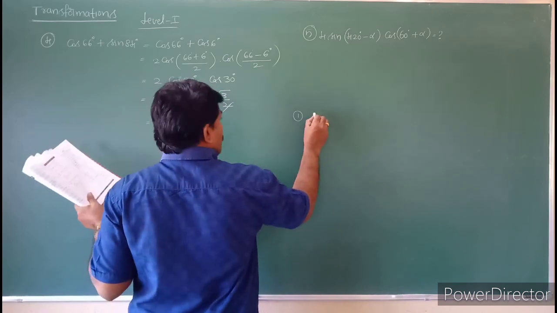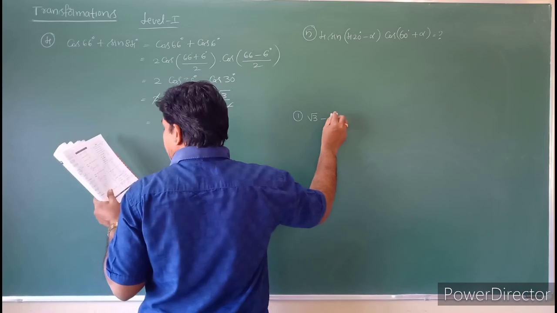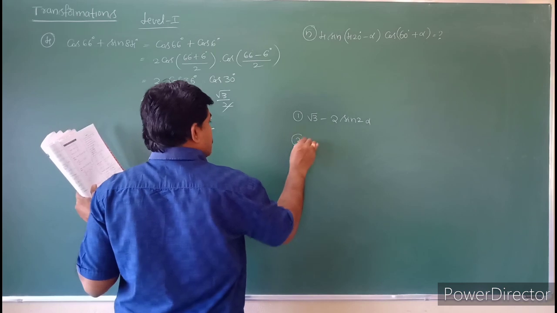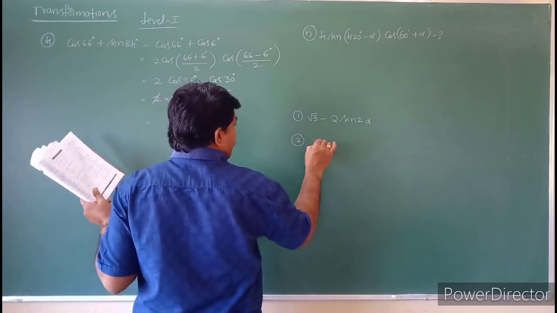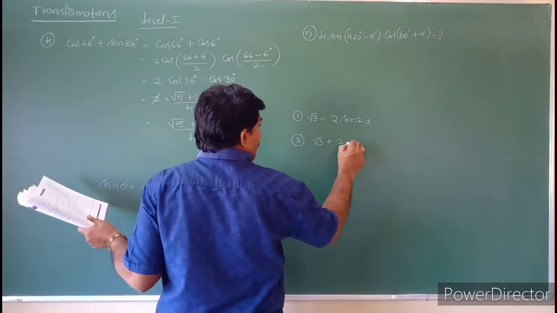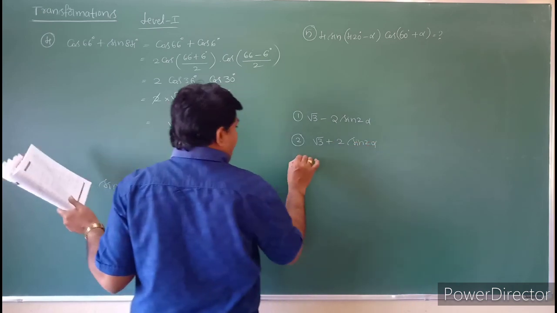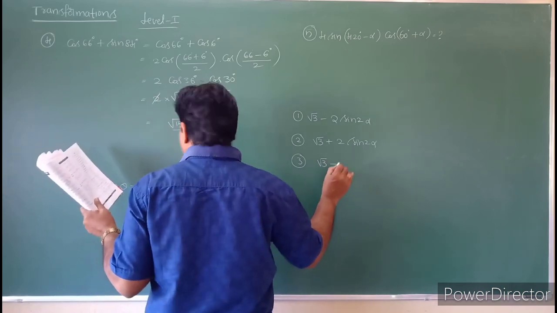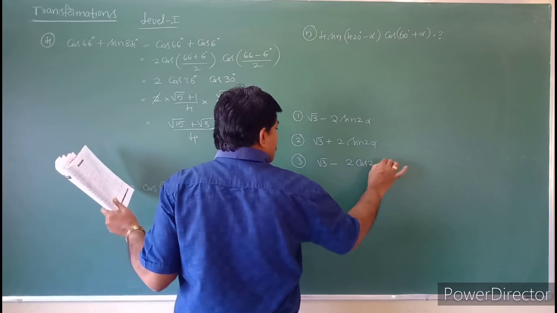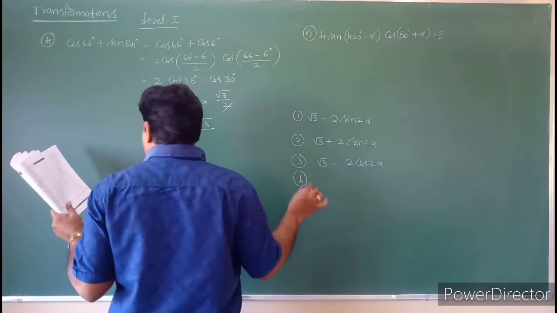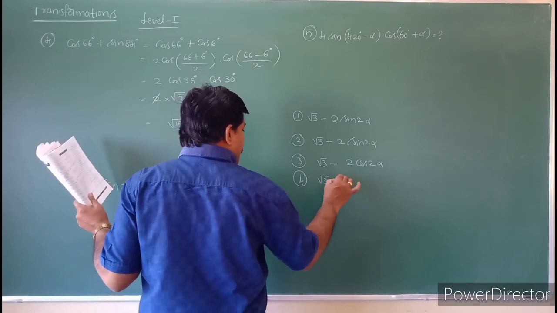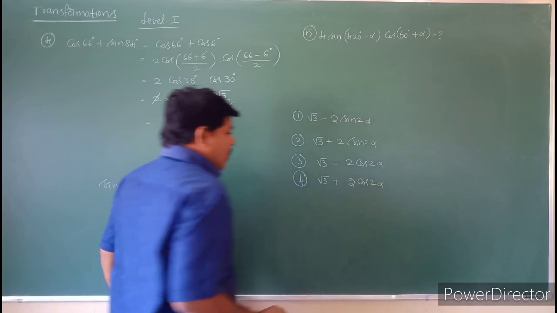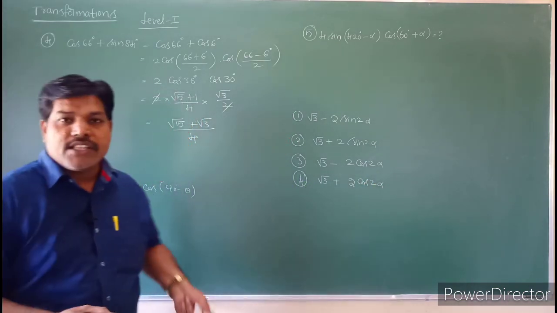The first option is root 3 minus 2 sin 2 alpha, the second option is root 3 plus 2 sin 2 alpha, the third option is root 3 minus 2 cos 2 alpha, and the fourth option is root 3 plus 2 cos 2 alpha. So I will verify these options here, students.